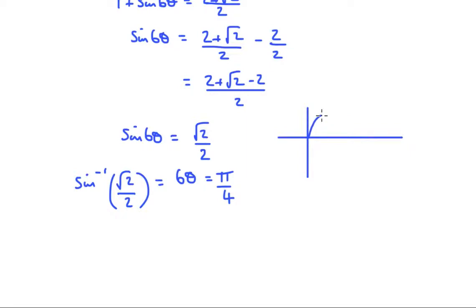So that's just 90 degrees. So we need to do 6 of those. That's going to be 3 parts of the sine graph. So we're going to have to go, there's pi there, 2 pi. We're going to have to go up to 3 pi. So there should be 4 answers that we're looking for.